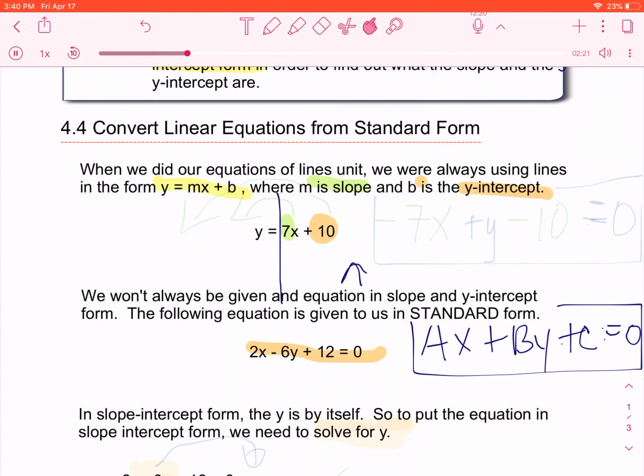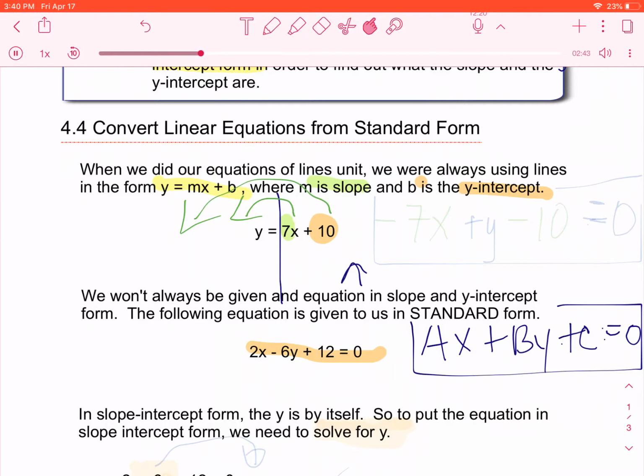So for this to actually look like standard form, this would mean two things would have to move. Our 7x would have to move to the left side, and our positive 10 would have to move to the left side. Now, as a recall, remember that wall method where anything that crosses over that equal sign changes its opposite operative sign.